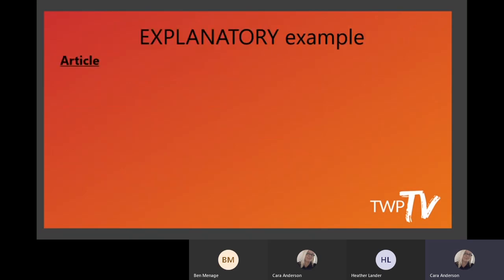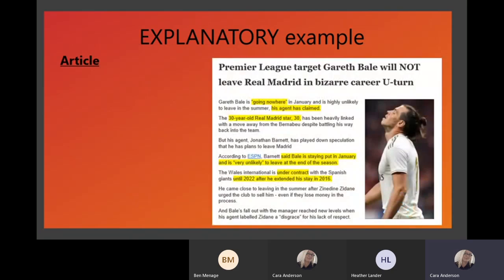So, an example on this one, there's an article taken from a newspaper, about Gareth Bale. Will he or will he not be leaving Real Madrid? Okay. So some of the examples that have been highlighted, how would you know that this is explanatory?